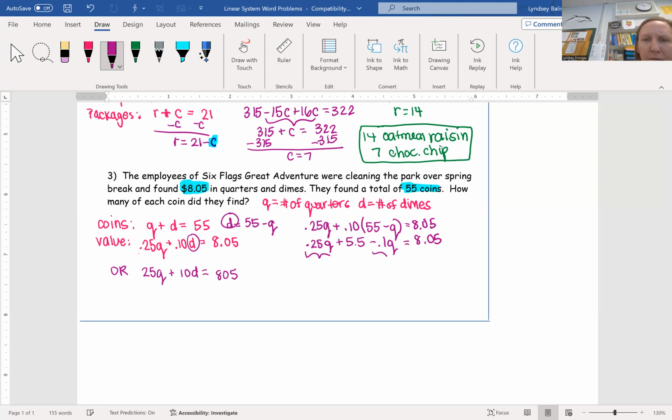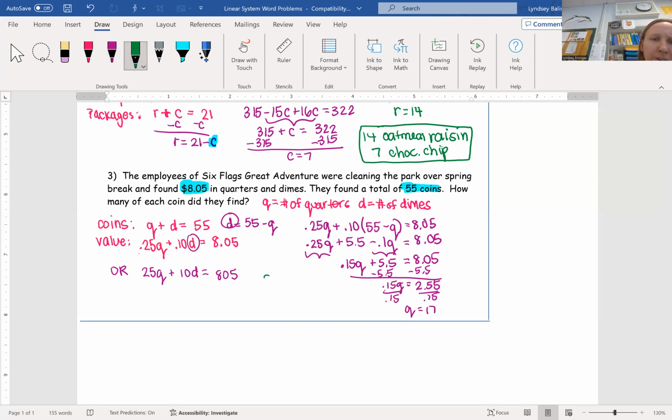I'm going to put my Q's together. So 0.25 minus 0.1 is 0.15Q plus 5.5. I'm running out of space, but I got a little bit of space. I'll subtract my 5.5 on both sides. So 0.15Q equals 2.55. And if I divide by 0.15, I get Q is 17.